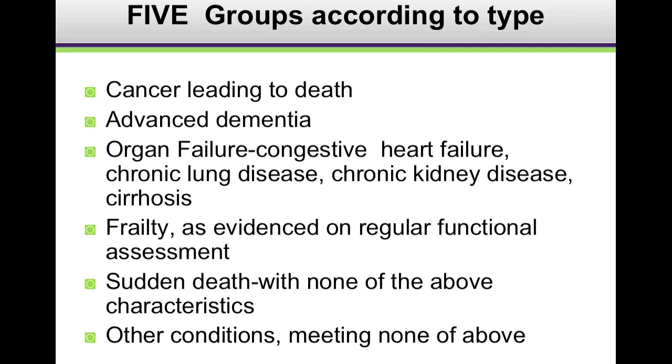They looked at frailty, as was demonstrated by regular functional assessment, and the regular functional assessment was activities of daily living, something we all know about and should always utilise in terms of our older, frail patients. They looked at sudden death, people who had none of the above problems and who suddenly died, and other conditions meeting none of the above. And what they tried to do was look at the graph of frailty from the entry to the study to the end of the study 2 years later, at death.